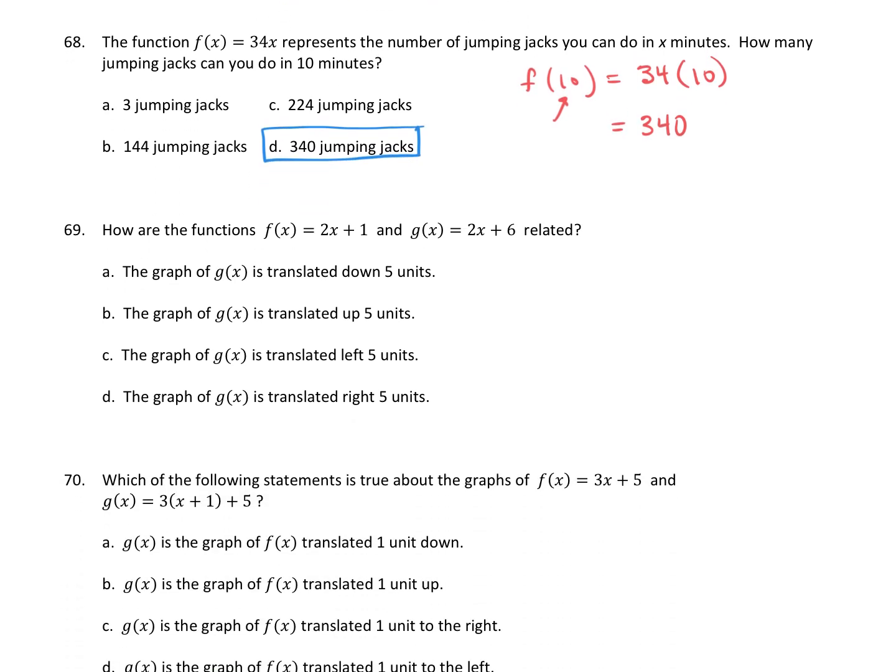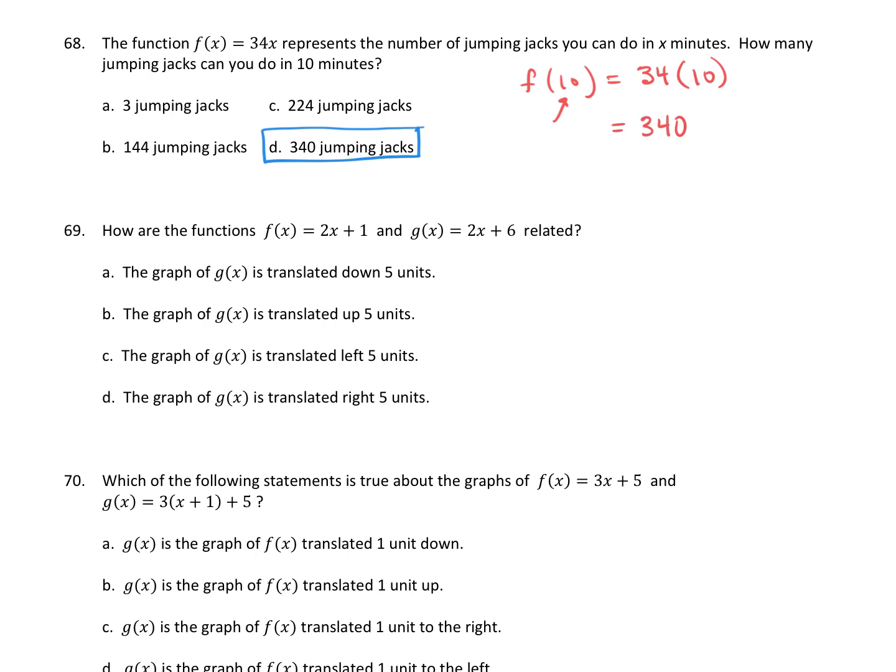Number 69, how are the functions f of x equals 2x plus 1 and g of x equals 2x plus 6 related? So we can see that our function changed. The slope is the same, 2x and 2x, but our y-intercept went from a 1 to a positive 6.